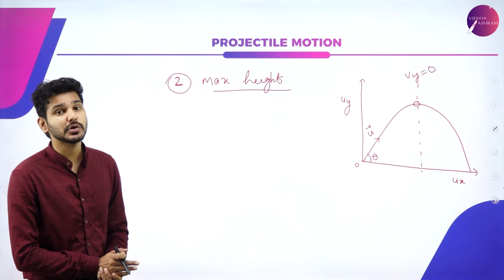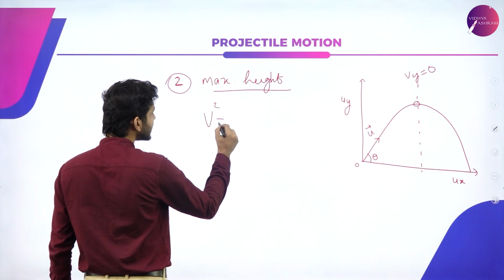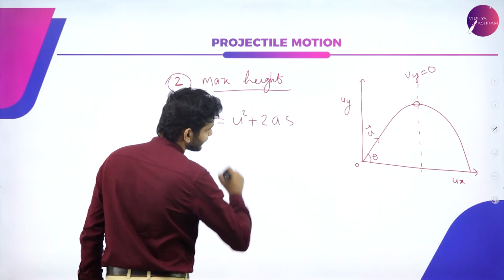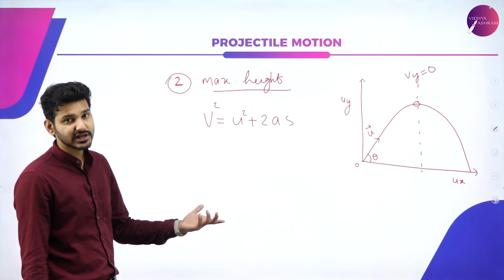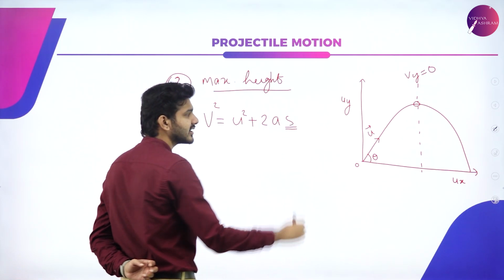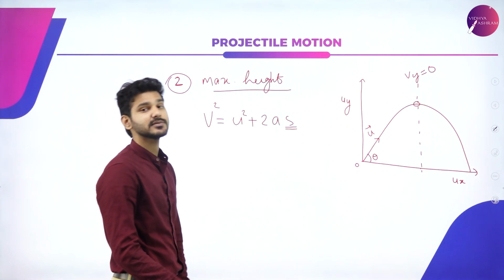So for that, I'm going to consider the equation of motion, that is v square is equal to u square plus 2as. Now, why did I consider this particular equation? Because I'm going to consider this displacement, that is, the displacement in the y-axis, which will be the maximum height.